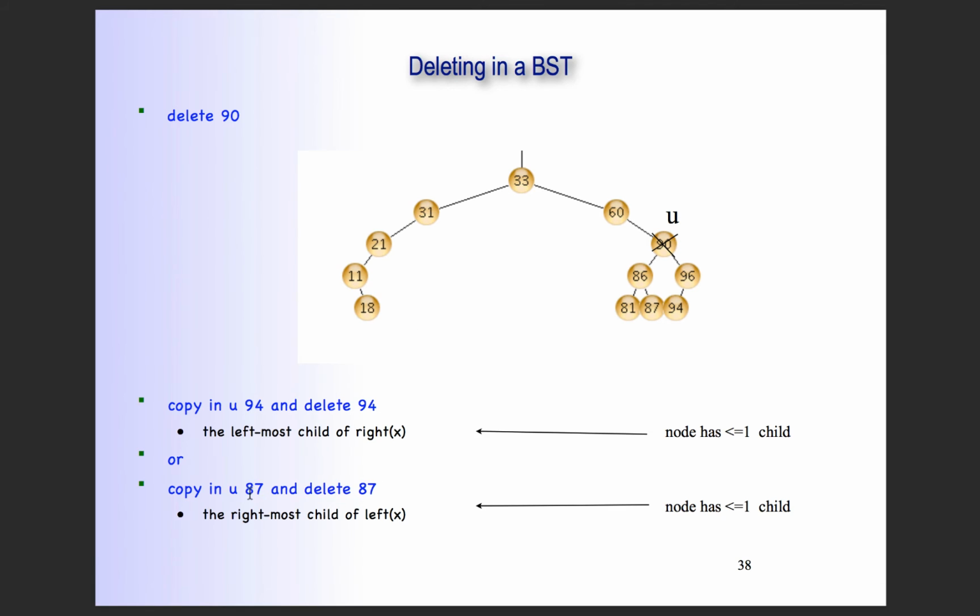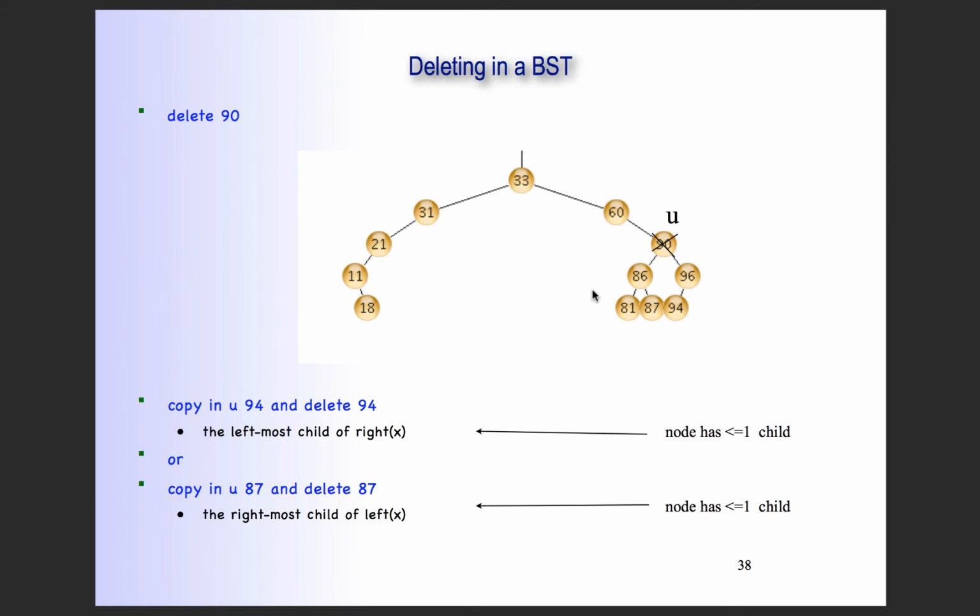The other way is to find the rightmost element of the left subtree. This is x, and the rightmost element of the left subtree is 87. So you can replace 90 by 87, and then you can maintain the BST conditions.